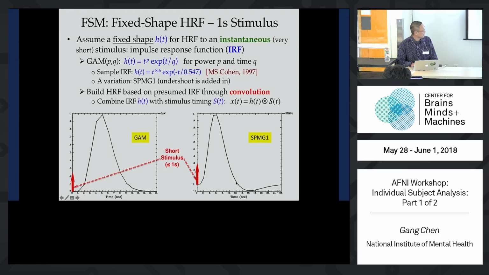The main part is roughly the same, about 14 seconds, but after 14 seconds the canonical curve in SPM has this undershoot, so the whole duration extends to roughly 25 seconds. You can choose whatever you want. Both options are available in FMRI.